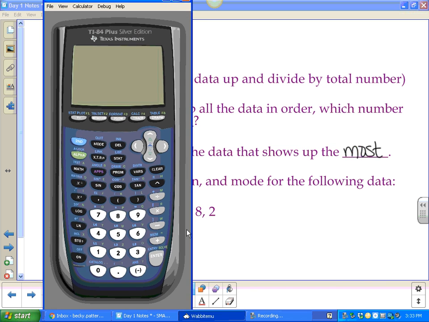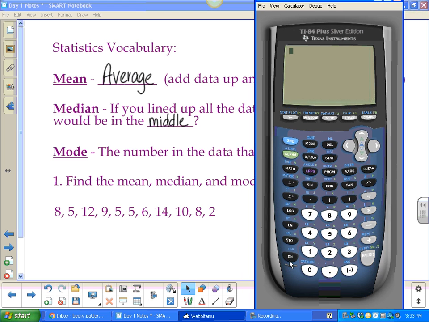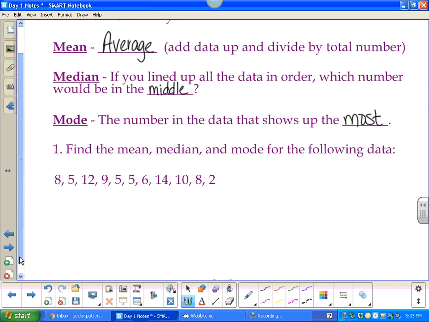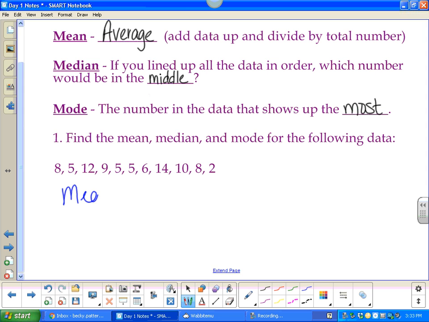So I can take my calculator and I can add all my data together, and divide by the total number and get 7.6. So my mean is 7.6.